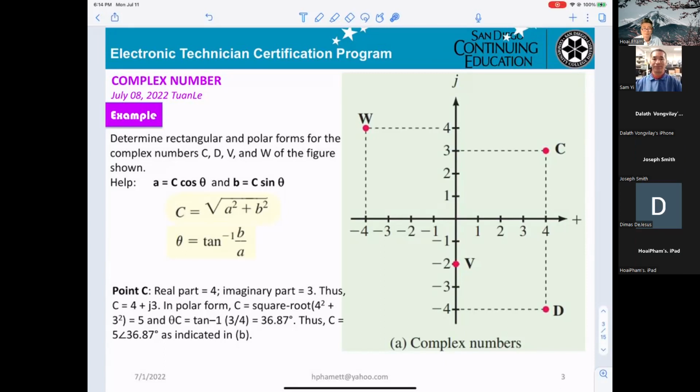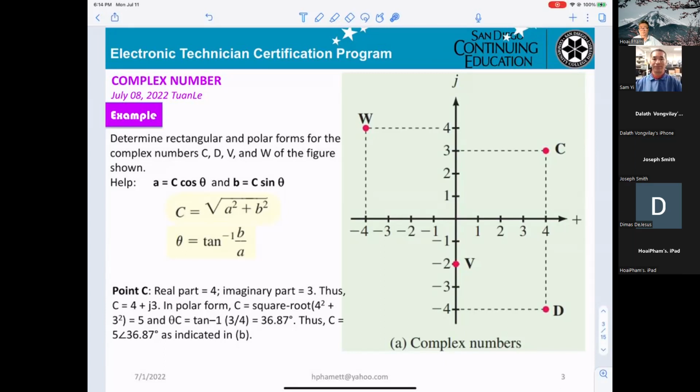Hey, Mr. Pham, let me try this one. Yeah, go ahead. Okay, so let's see here. Let's go C equals W, would that be minus 4, and then plus J minus 4?